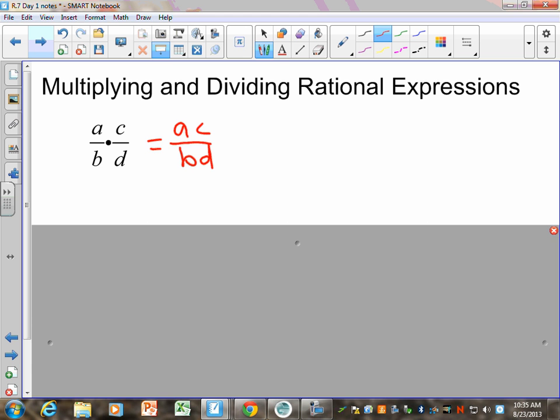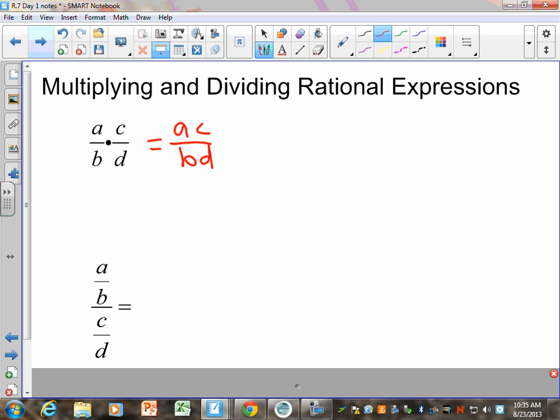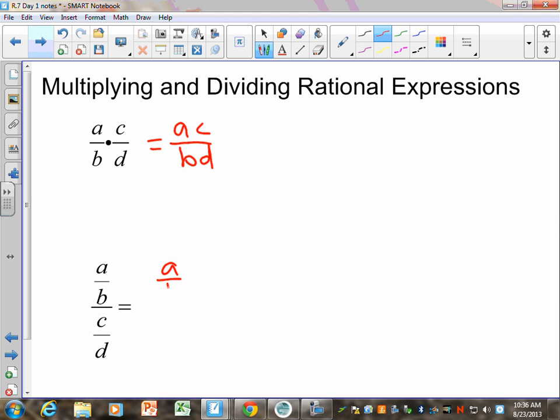And then dividing fractions is what people forget. And they are going to write them like this for the most part. It's like a fraction in a fraction. So A over B divided by C over D. And remember that this fraction bar is just a division sign, right?